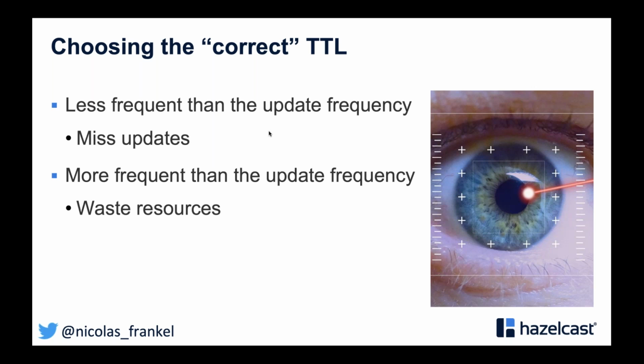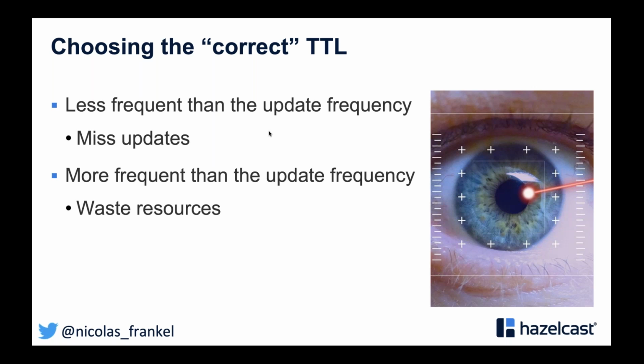So you will need to have the time to live set at a span that is less than the frequency. But if you have a time to live that is much less than the frequency, actually you will waste resources by reloading data from the source of truth, and the data won't have changed. And this is only if you think that there is a frequency, which in general is not the case.